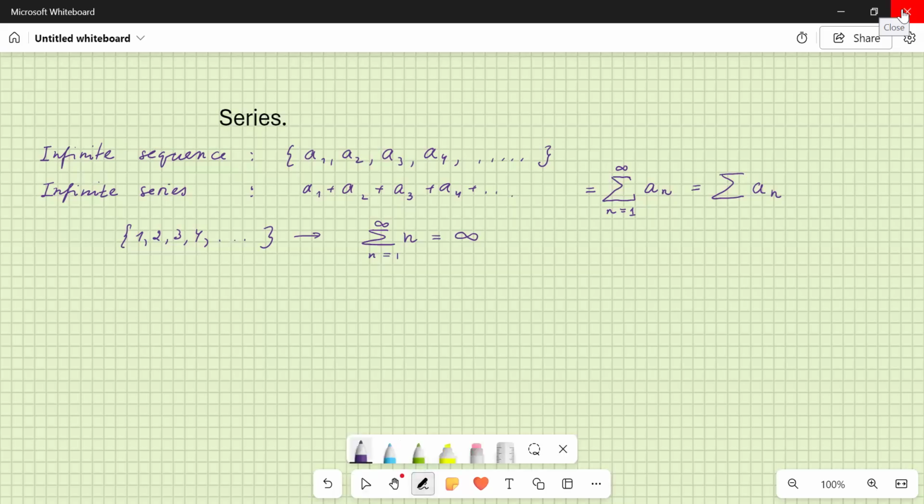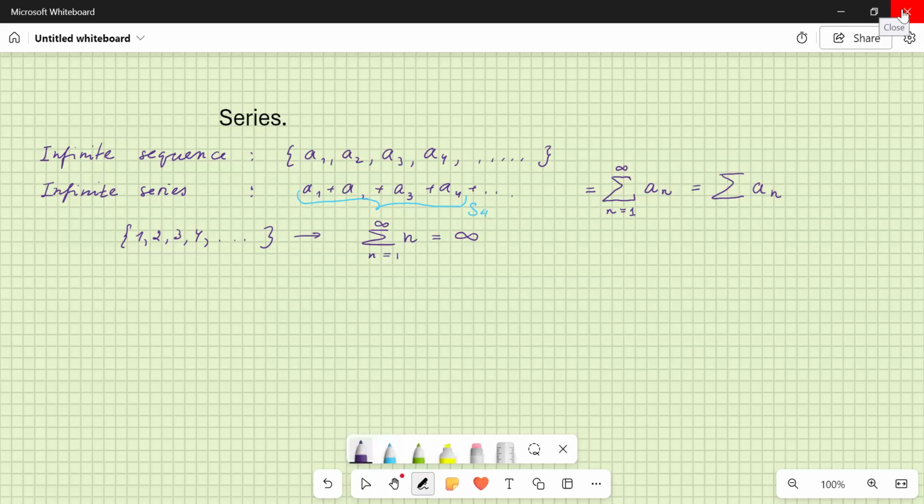If we take not all terms of this sequence, but some terms, for example, if we consider the first four terms of this sum, we can label it as S4, and this is going to be called a partial sum.